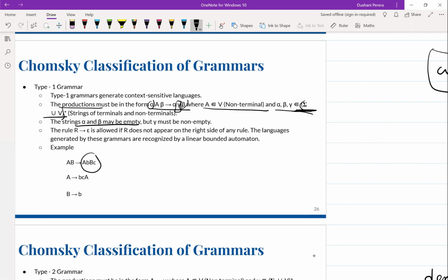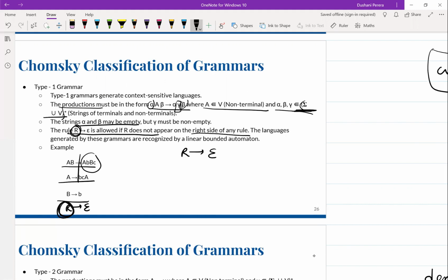Okay, so then we have another rule here in type 1 grammar. The same rule repeats in type 3 as well. A null production like this can exist as long as this non-terminal doesn't appear on the right side of any rule. Take any rule; imagine there is a rule like this, and below it there is another one like this. It can exist as long as this non-terminal doesn't appear on the right side.